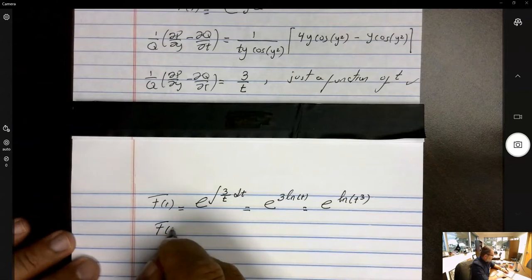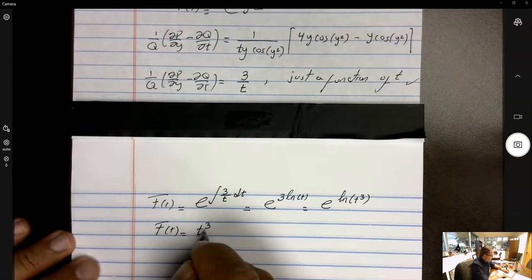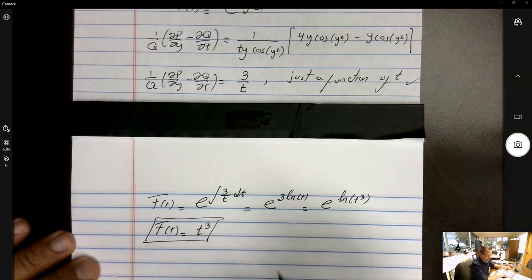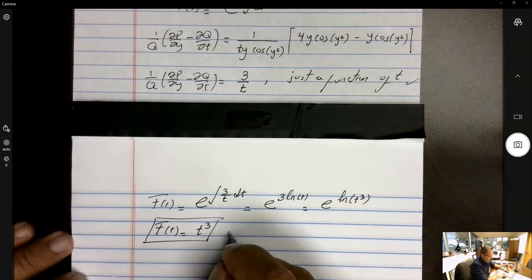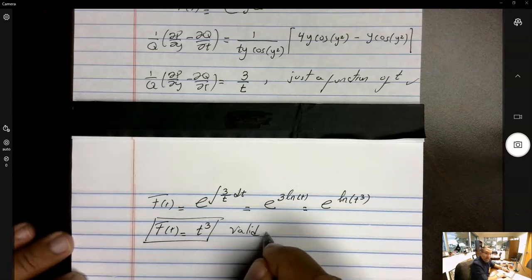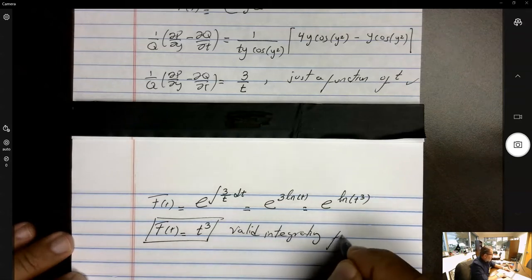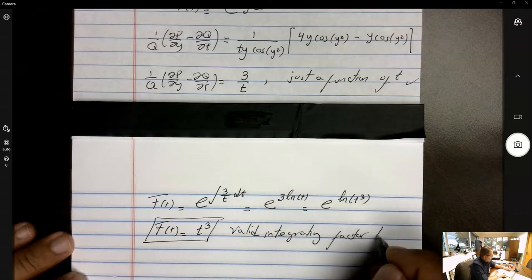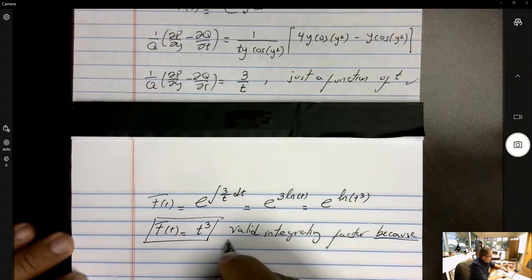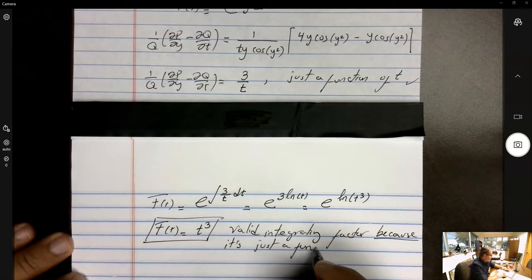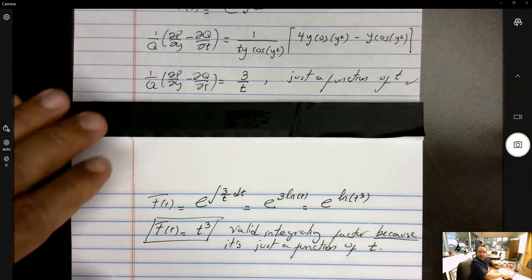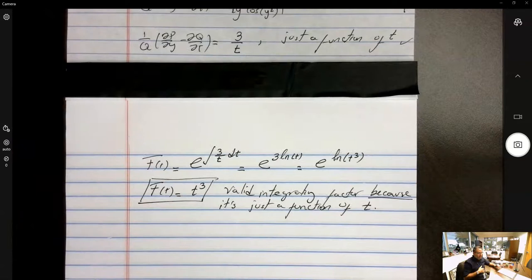So f of t is equal to t cubed. It happens to be a function of t only. So this is a valid integrating factor because it is just a function of t. That's the only reason why it's a valid integrating factor.